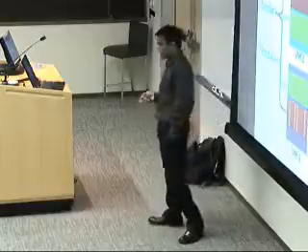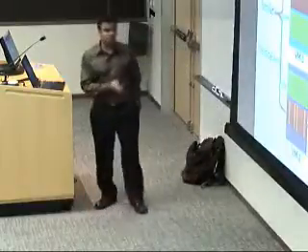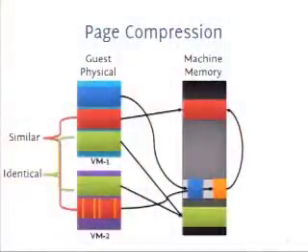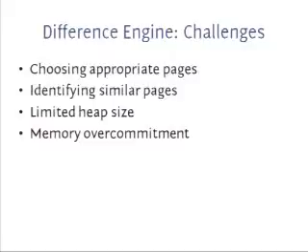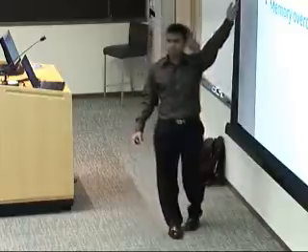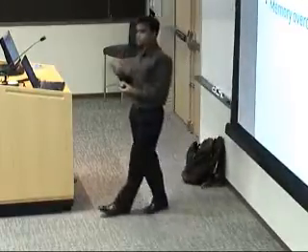By using these 3 mechanisms, we can save a lot more memory than the current state of the art. There are several engineering challenges involved in making the system work efficiently. In particular, how do you pick which pages to patch, which pages to compress, which pages to share? How do you identify similar pages efficiently, while also accommodating the fact that page contents might be evolving over time?